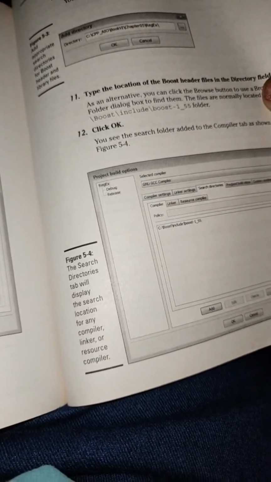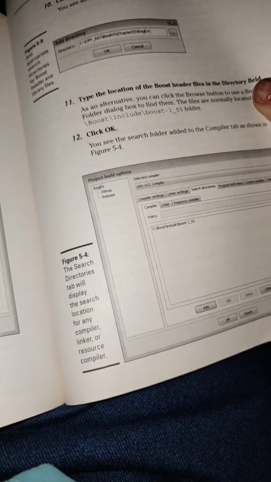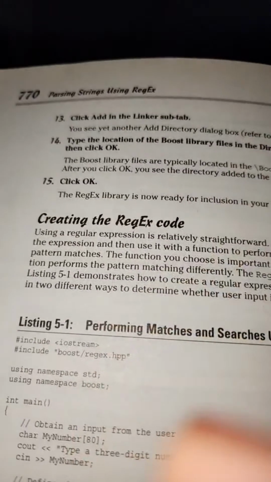Figure 5-4: The Search Directories tab will display the search location for any compiler, linker, or resource compiler. 13. Click Add in the linker subtab. You see another Add Directory dialog box, referring to Figure 5-3. 14.